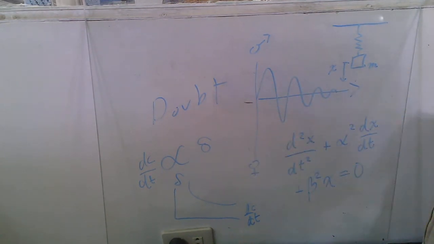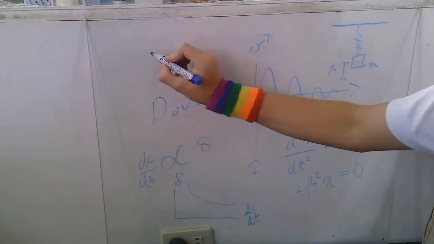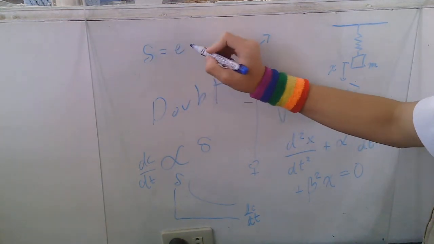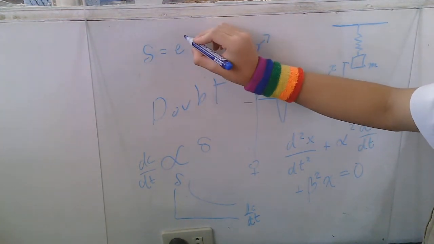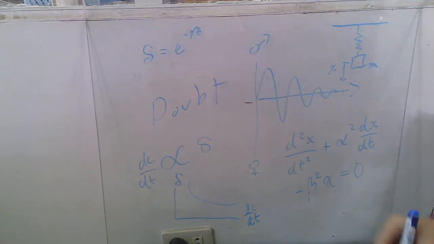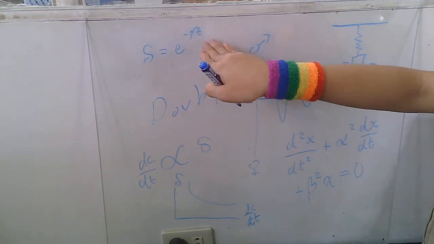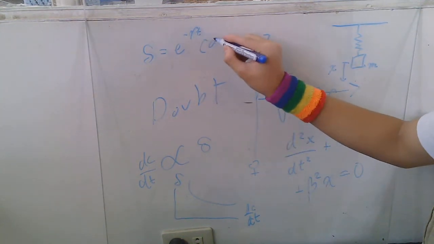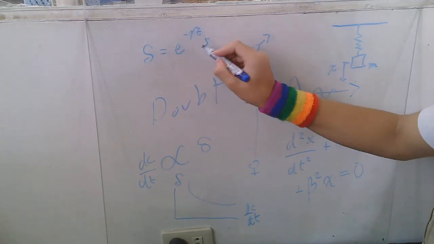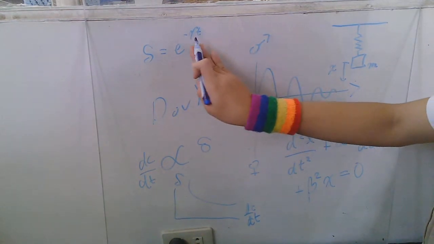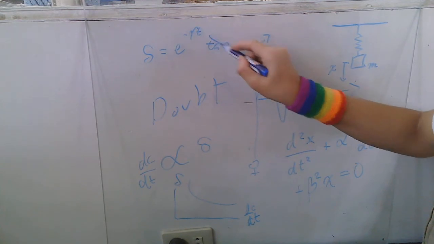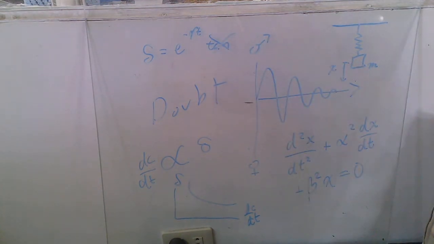And delta can be likened to e, as I said a while ago, the dampening force or retarding force, e to the negative gamma t. And then we just attach the function here, the oscillatory function. It can be cosine, it can be sine, it can even be tangent, but I don't think tangent is applicable in this course. Just sine, cosine.